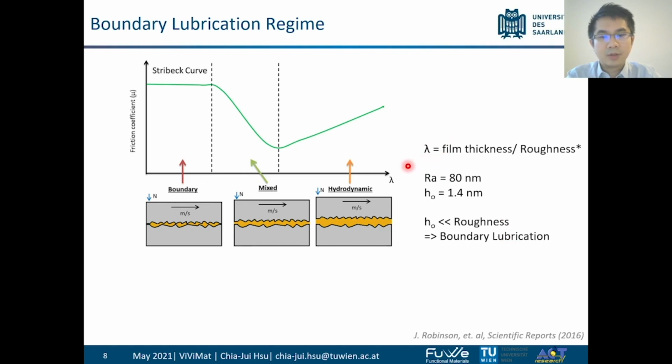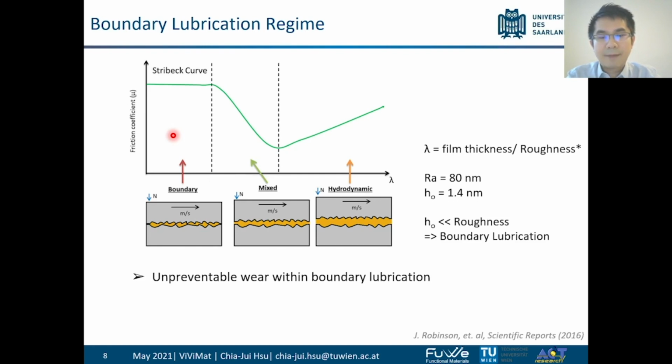The lambda ratio in our tribo test shows the lubrication condition is boundary lubrication. And what is happening in boundary lubrication is that there is unpreventable wear within this lubrication regime, because in boundary lubrication the oil film is not thick enough to separate the surfaces, so contact happens.